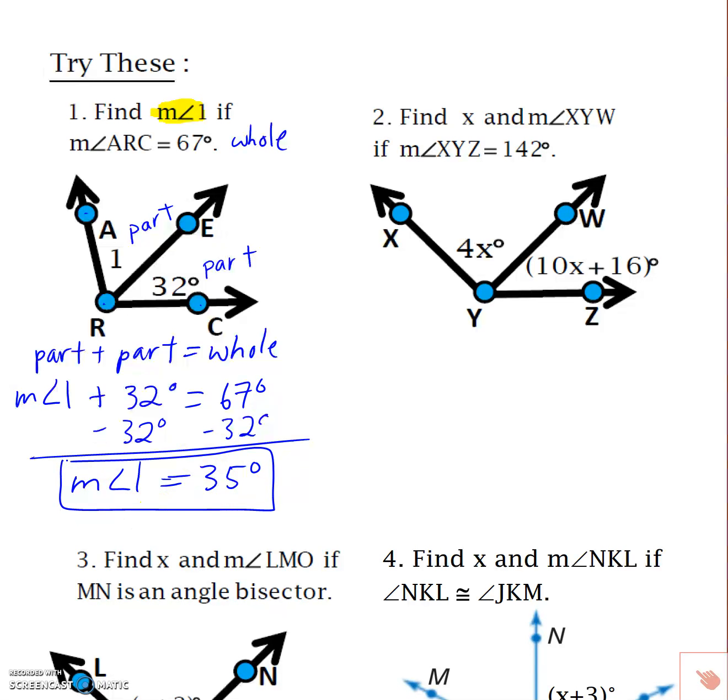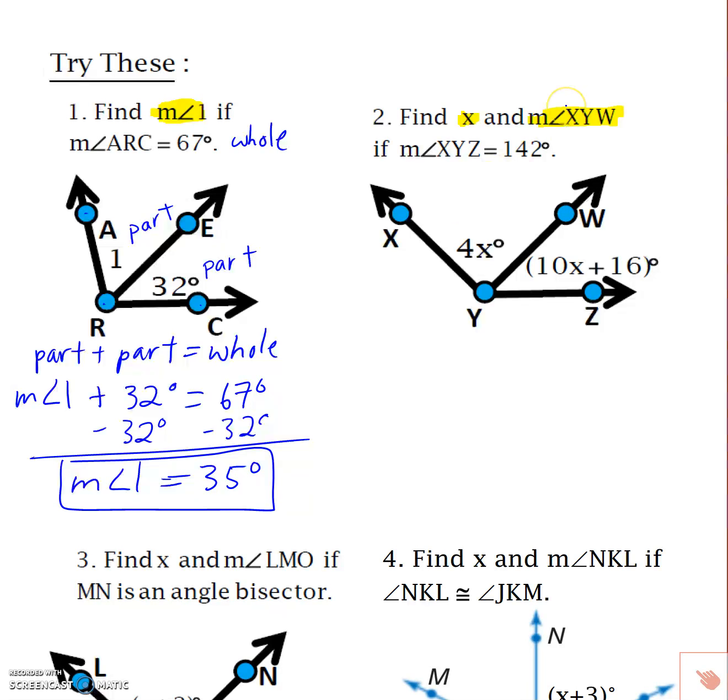Okay, the next one is going to be set up very, very similarly. It looks like here it says to find x and find the measure of XYW. So that's actually one of the parts, and we're going to have to find the whole. And it tells us if the measure of XYZ equals 142 degrees. So let's mark this up as part whole.